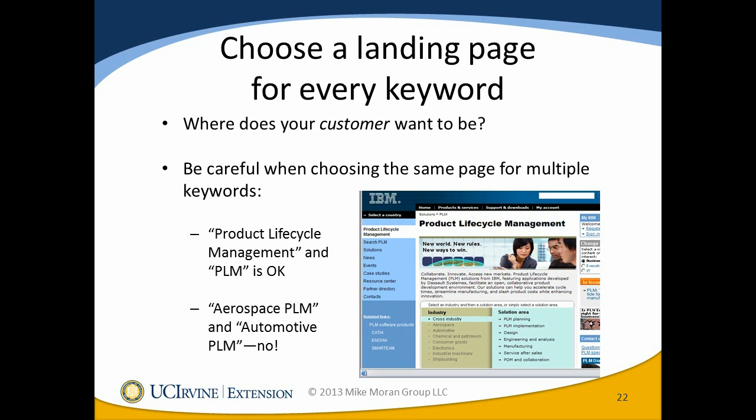But suppose they typed in aerospace PLM or automotive PLM or any other industry with the word PLM. It is not okay to show them this page. Why? Because they're not looking for PLM in general. They're looking for PLM pointed at their particular industry.